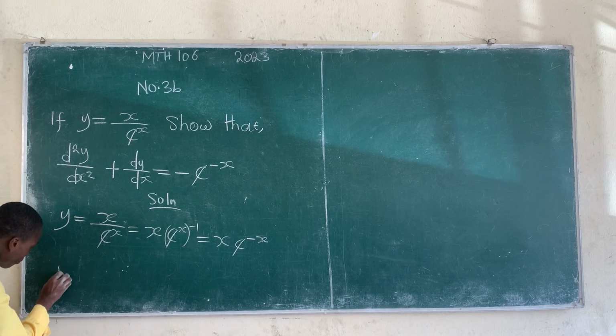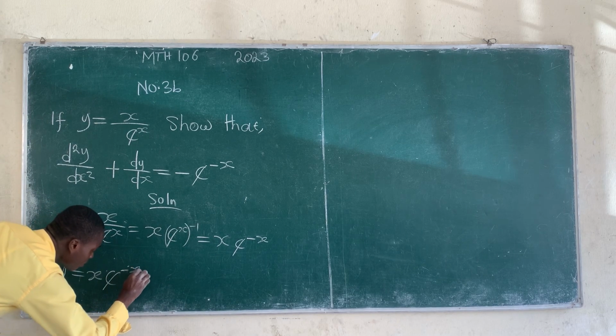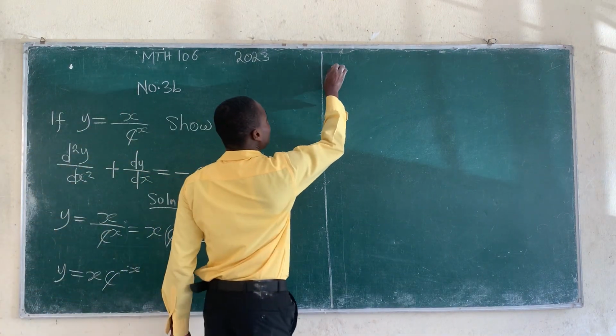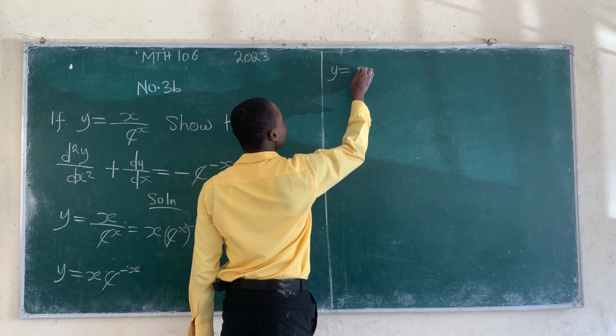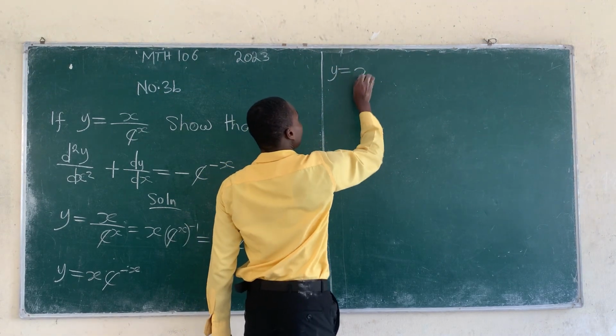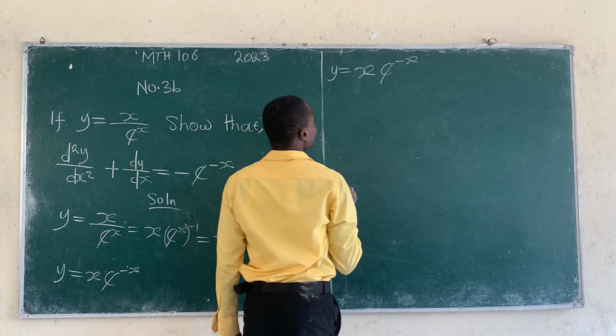So we have that y is equal to x exponential minus x. We can now differentiate this using our product rule.